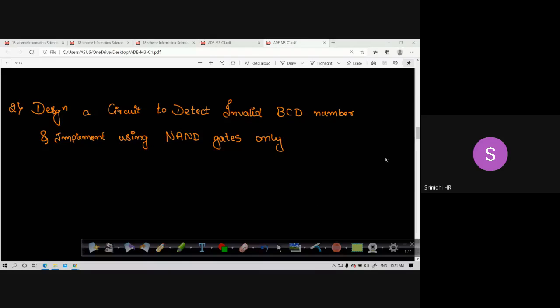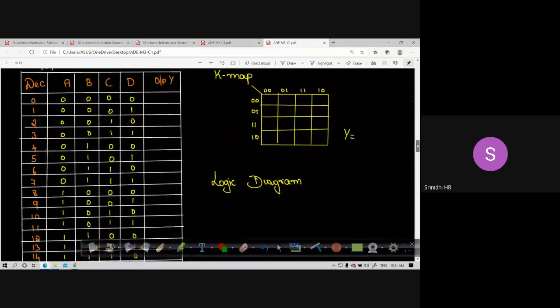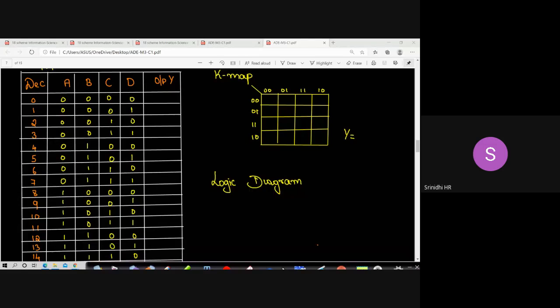We shall go with the solution part now. As you can observe here, I have written the 4 possible variables, A, B, C and D. The possible combinations are 0 to 15, all represented in binary digits; for example, 0 is 0000.